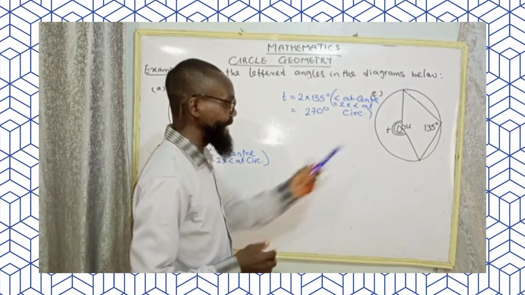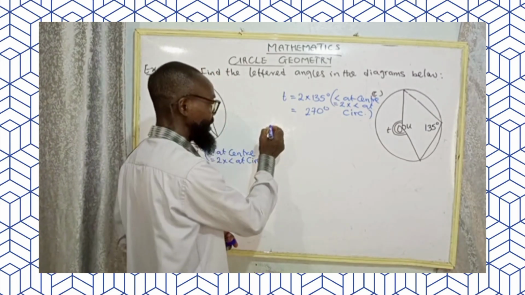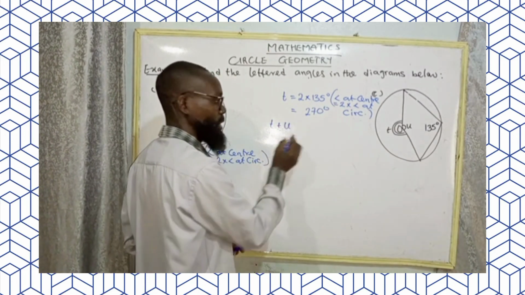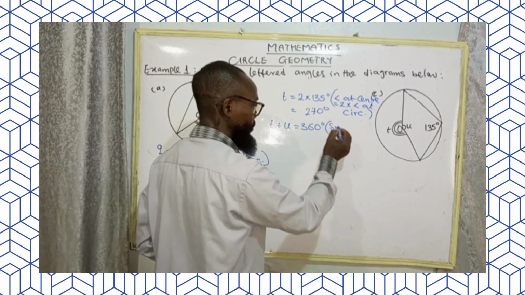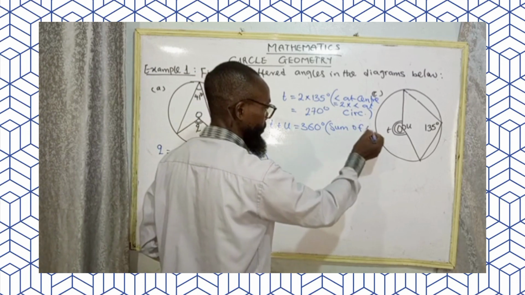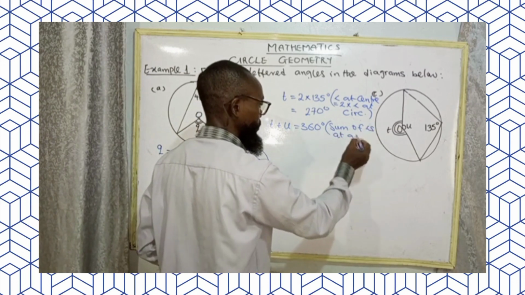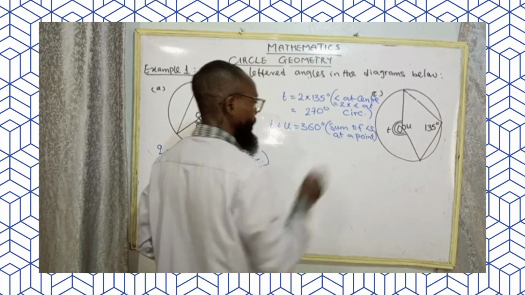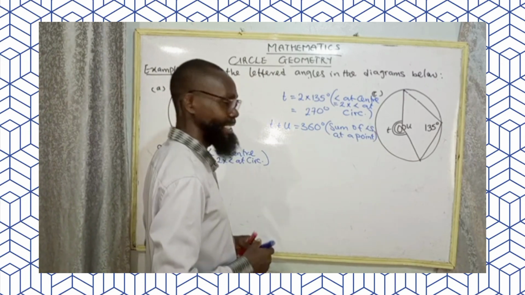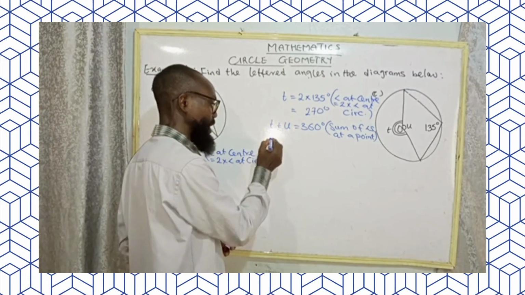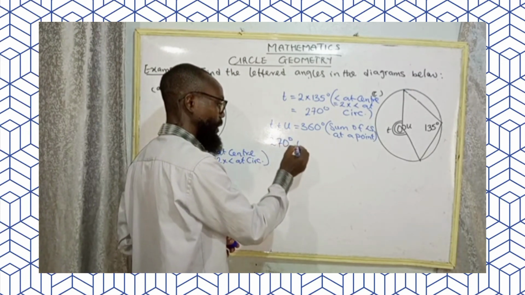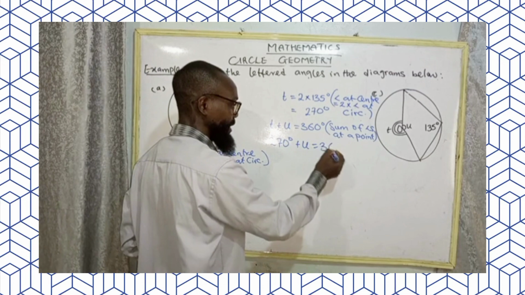Now, to get angle U, we are going to have that T plus U is going to equal to 360 degree. Reason: the sum of angles at a point equals to 360 degree. So our value of T is 270 degree plus U is equal to 360 degree.